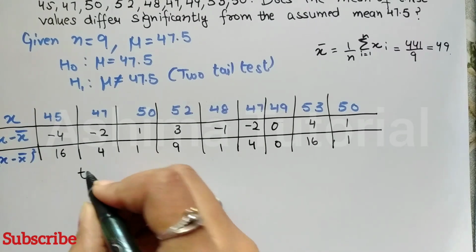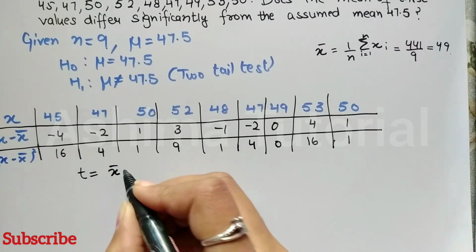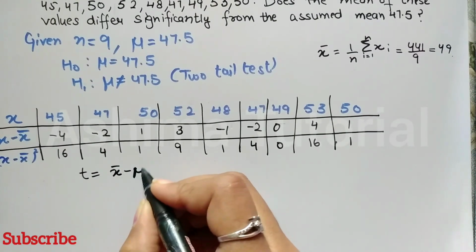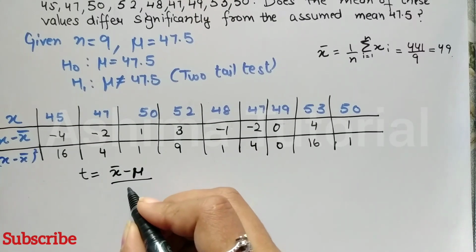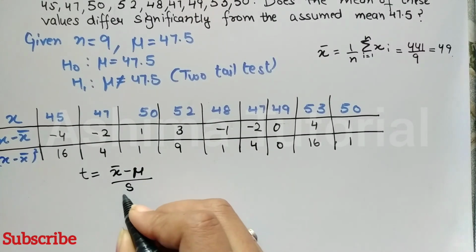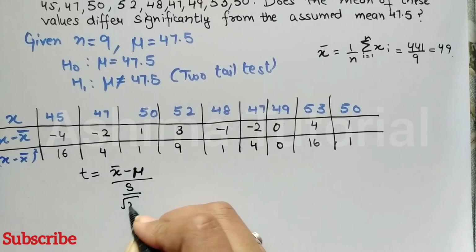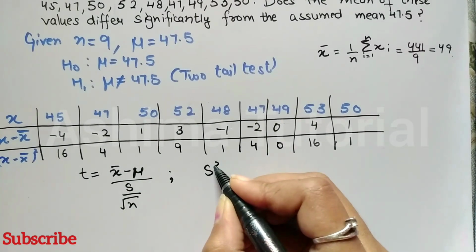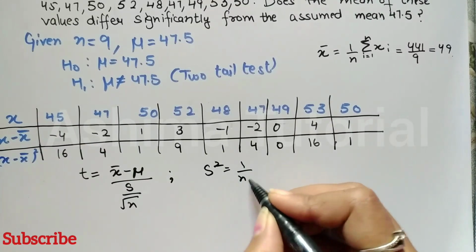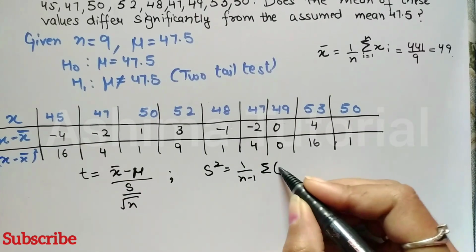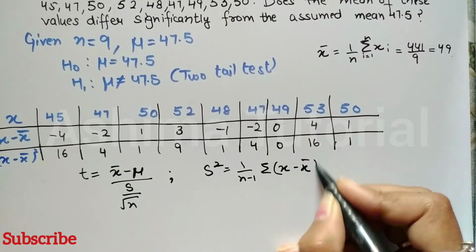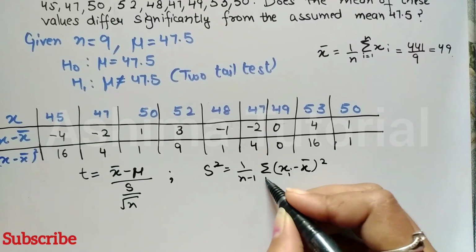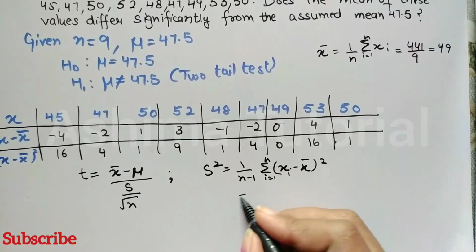Now t statistic is t is equal to x bar minus mu over capital S over under root n. As we know, s square is equal to 1 by n minus 1 summation xi minus x bar square, where i varies from 1 to n.